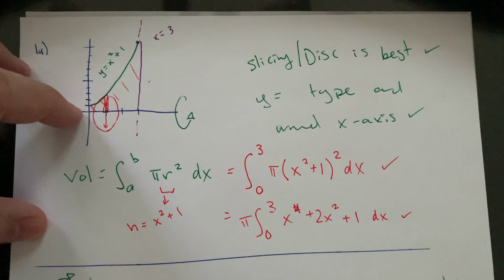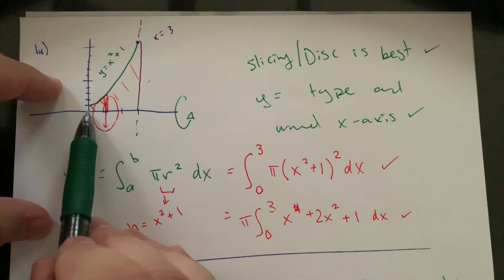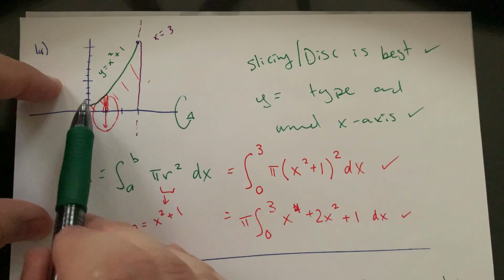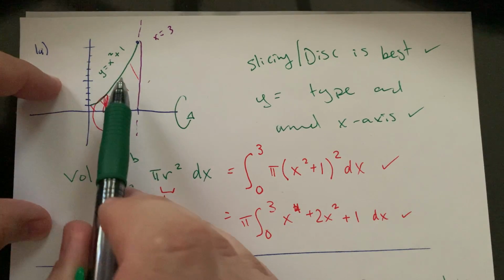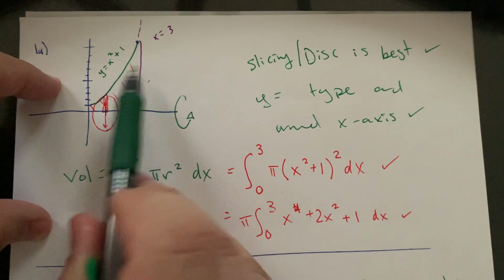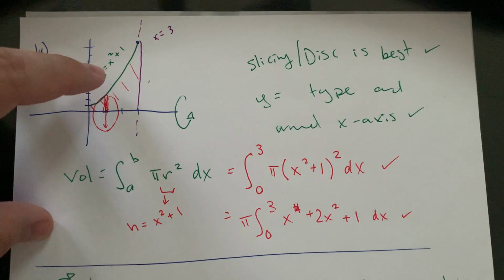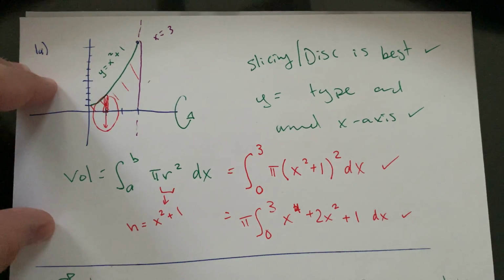You're going to have a region from 0 to 1 that is a constant function going from 0 up to 3, and then from 1 out to 10 you're going to have to set up the height value as the difference between 3 and this guy rearranged, the root of y minus 1. So there's a lot of different things you need to set up there. I'm kind of skipping it. It's very obvious that this works nicely as a disk, and there's a lot more work that goes into setting it up as a shell.